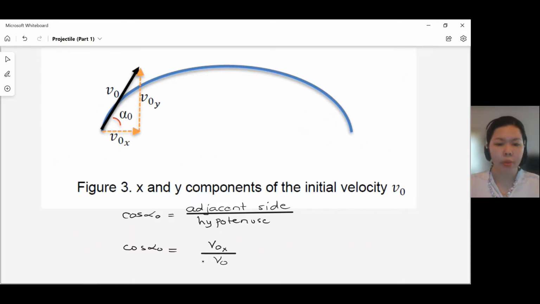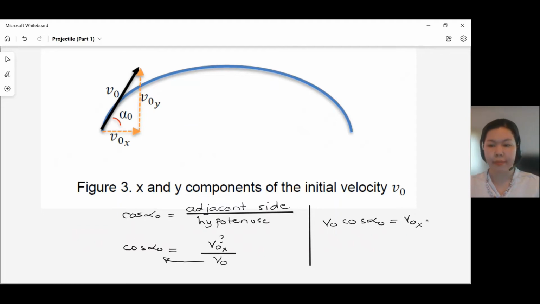And so we transpose v naught to the left side of the equation, cross multiply. We have v naught x equals v naught cosine alpha o. So v naught cosine alpha o is equal to v naught x. This is our equation 3.1.d.